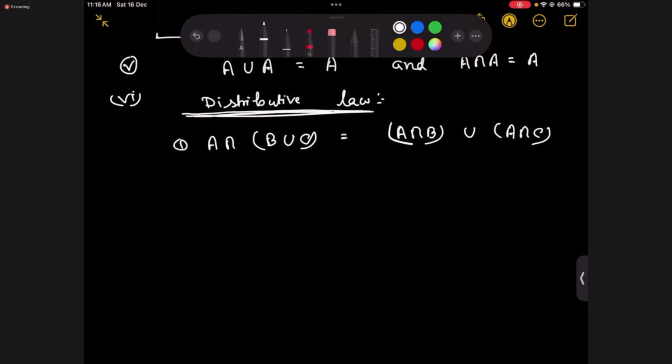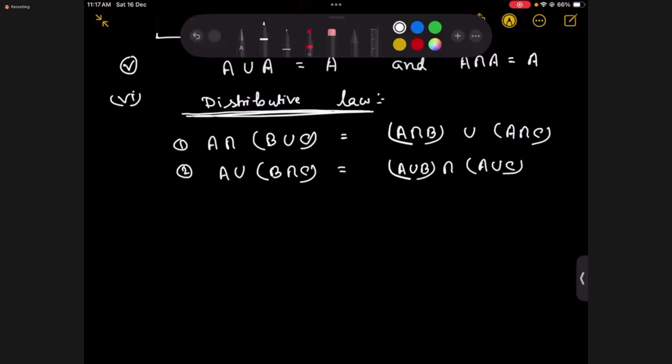This is the first property. And the second property: A union (B intersection C) equals (A union B) intersection (A union C).